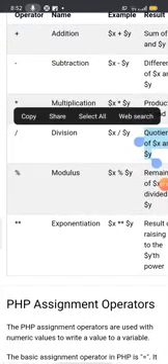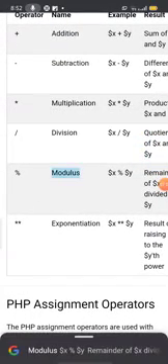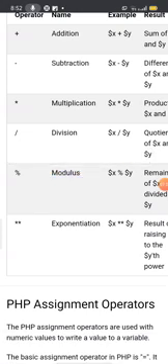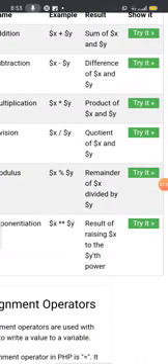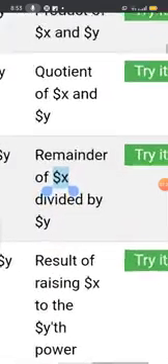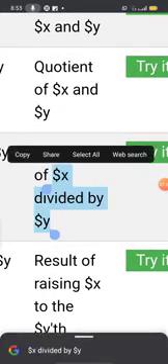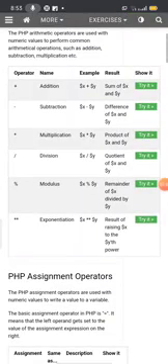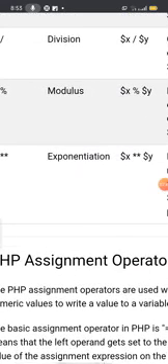Next is modulus. For this the symbol given is the percentage sign. $x modulo $y gives the remainder of $x divided by $y. You will find the result over here. Next is exponentiation.